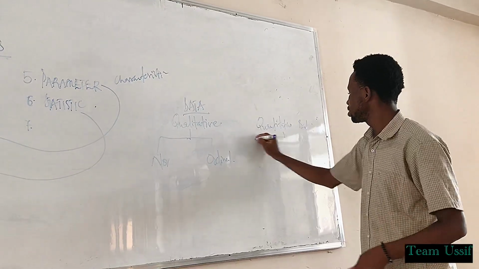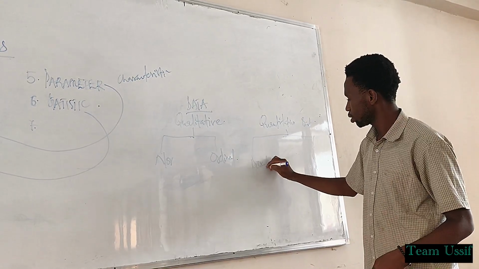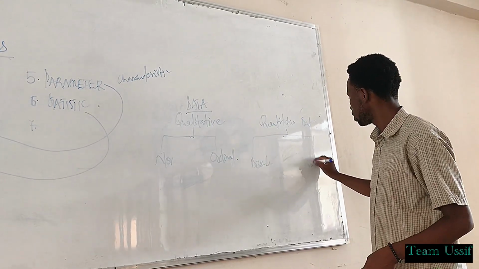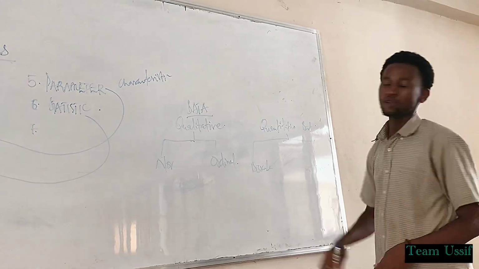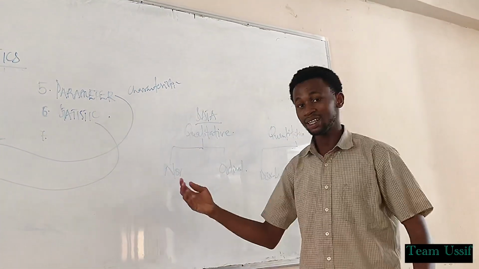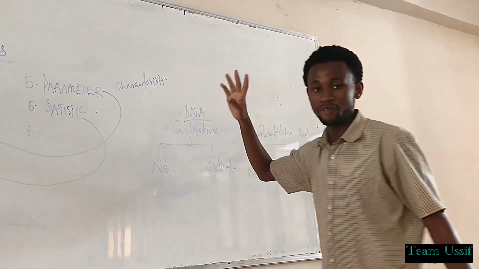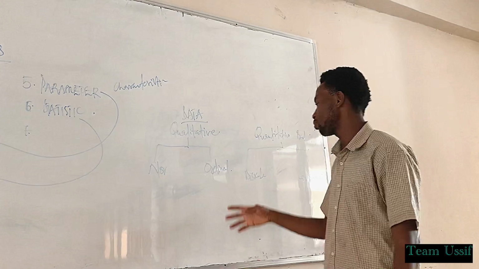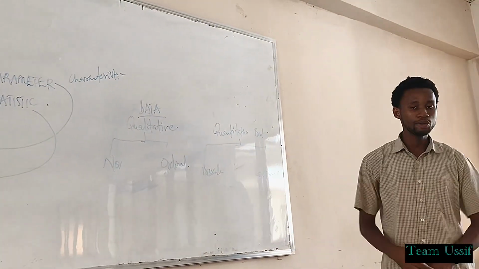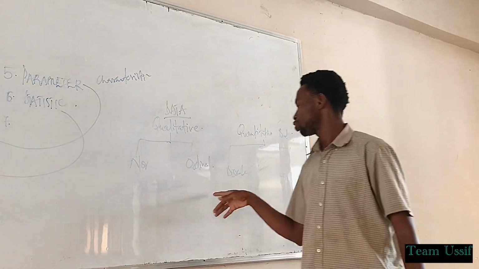So under the quantitative data, we have discrete data and we have continuous data. Discrete data is a form of data that can be counted. As I said earlier, it's the same as the discrete variables, because they are all variables. For example, the number of houses is discrete data.